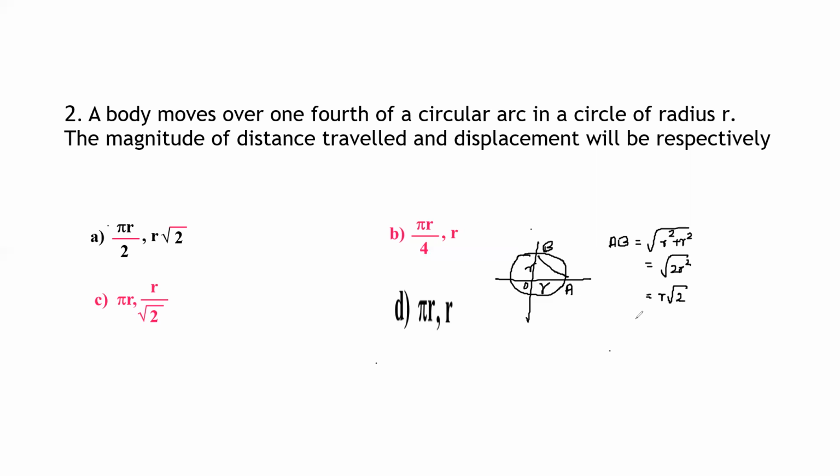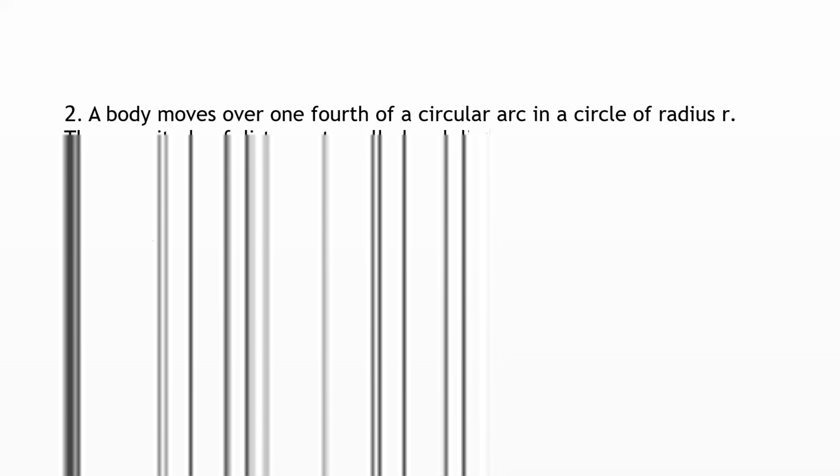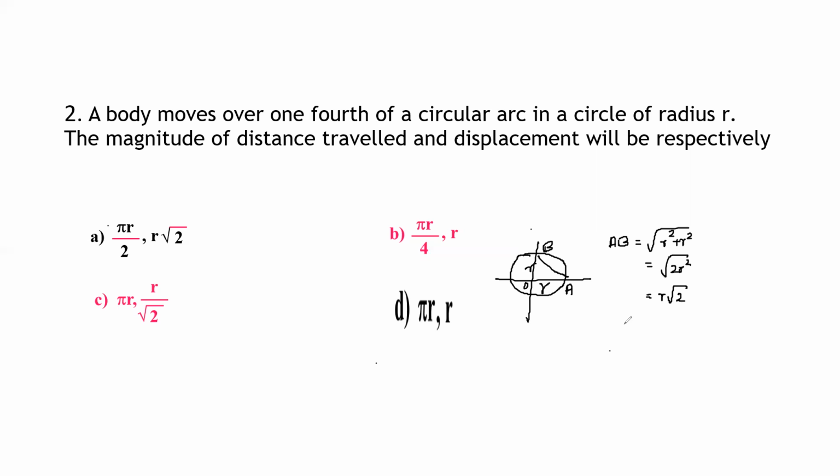So if you see the options, R root 2 is only in option A, so directly we can go for that. But let us confirm the distance also. This is displacement, R root 2. In the previous question we used the same formula here.